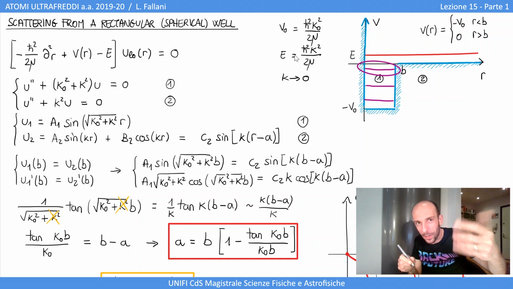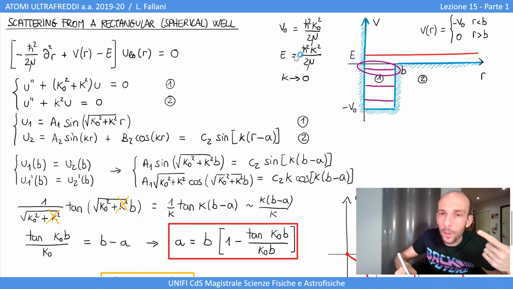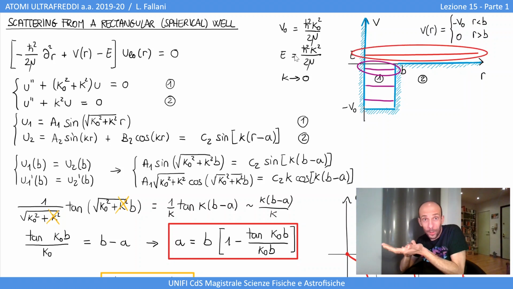In other terms, a bound state whose energy is very close to the energy of a scattering state that also will be approximately zero in the low energy limit. And so we will have a resonance condition. So in some sense, the presence of a bound state will enhance the effect of a scattering.